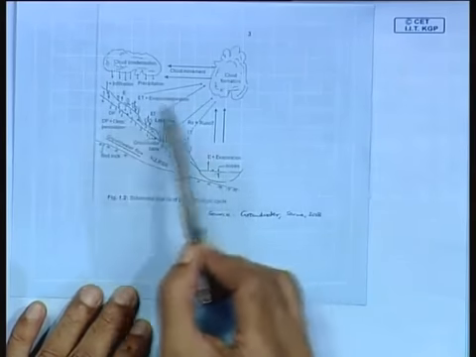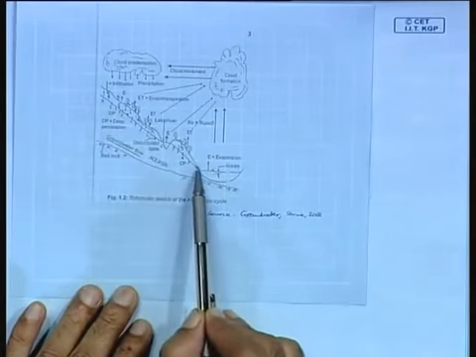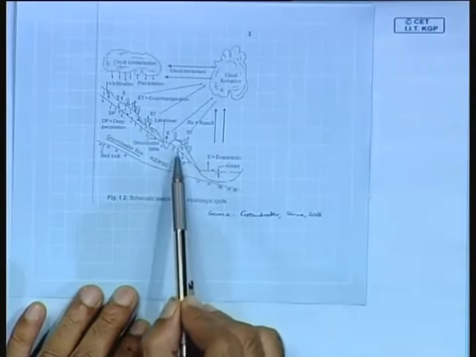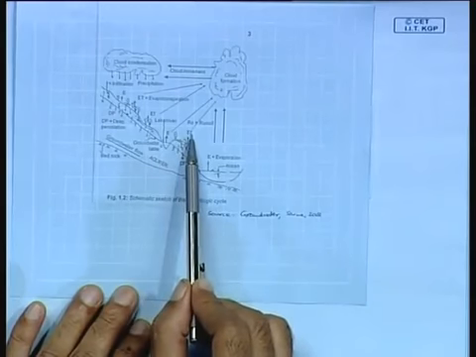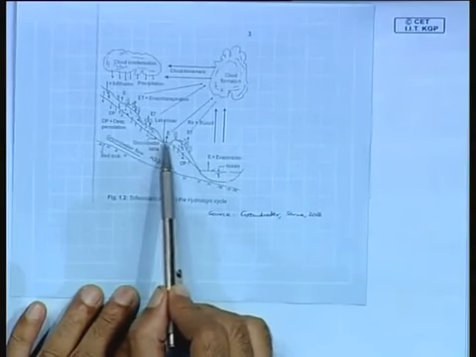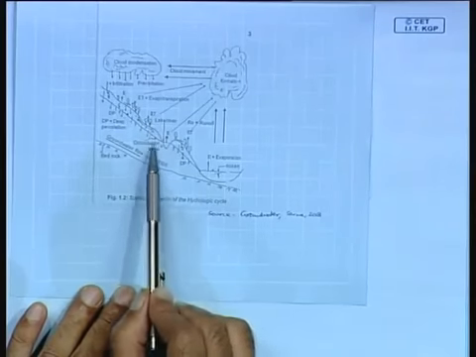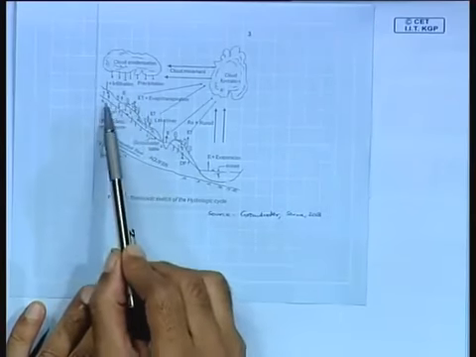And here, there is evaporation from the ocean surface, from the land surface through evapotranspiration, as well as from the surface of water bodies such as a lake or river, as well as through plants.